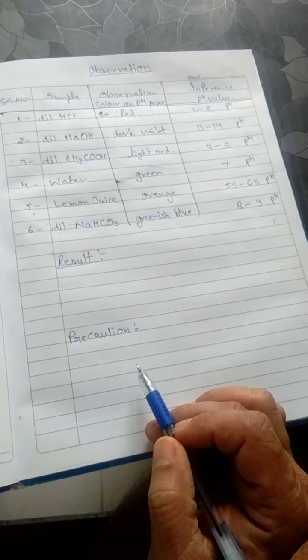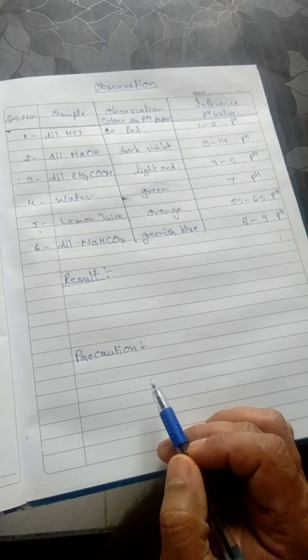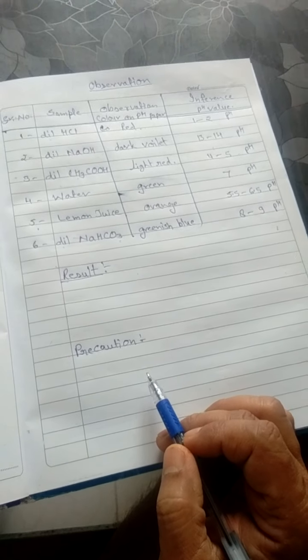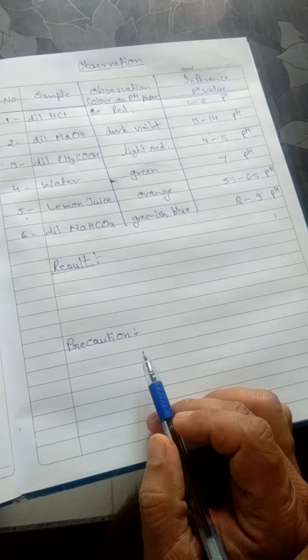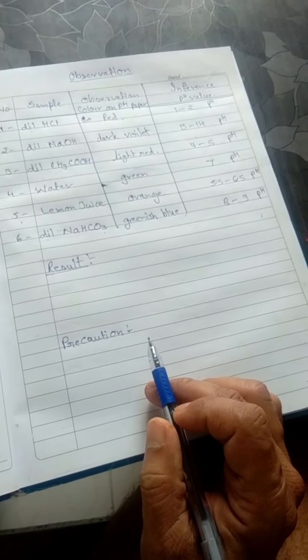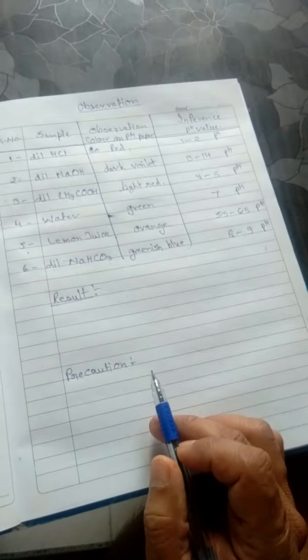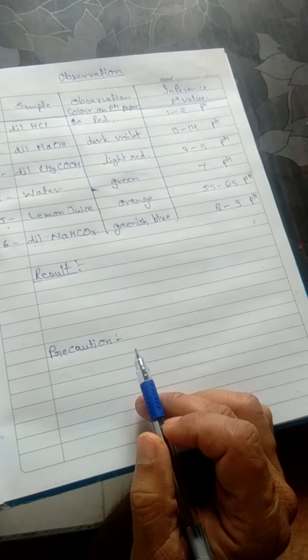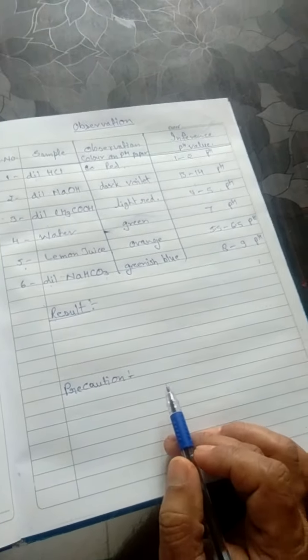Precaution. Under this head, you will write some precautions which we will adopt during the procedure. As you know, acids and all the chemicals are hazardous in nature, and the test tubes and glasswares are also very sophisticated. We will handle them with great care. You may mention your own ideas about what precautions should be taken during the procedure.